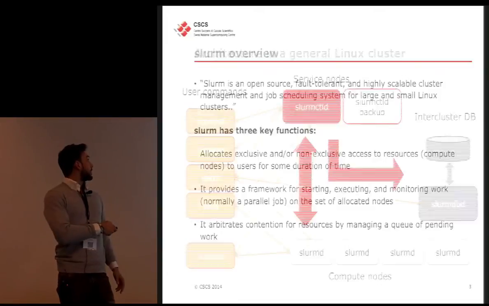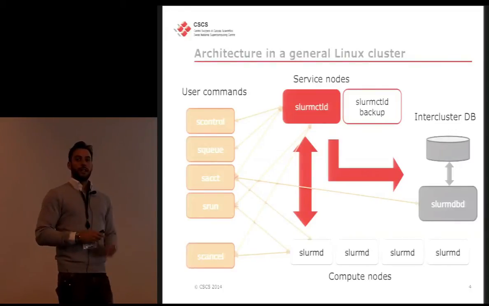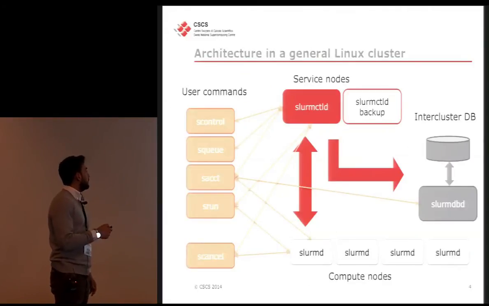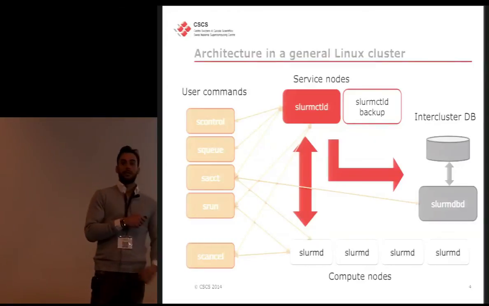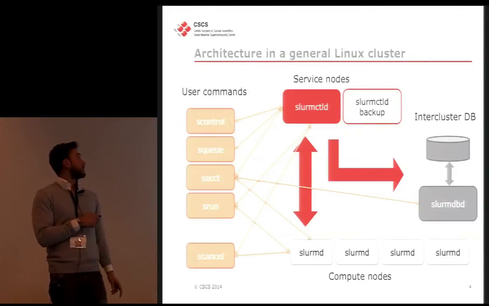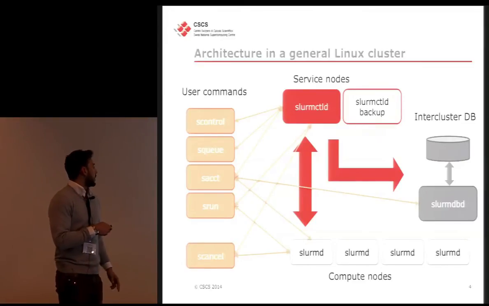queues of the jobs. So this is an overview of the architecture in a generic Linux cluster. We have the main brain, which is the SLURM control daemon, which always runs on a service node. It's better if it comes with a backup.